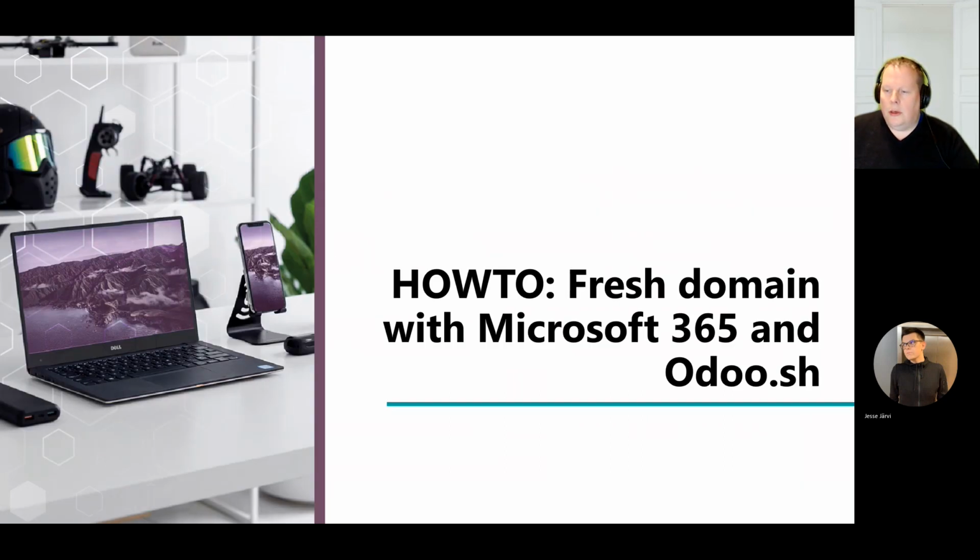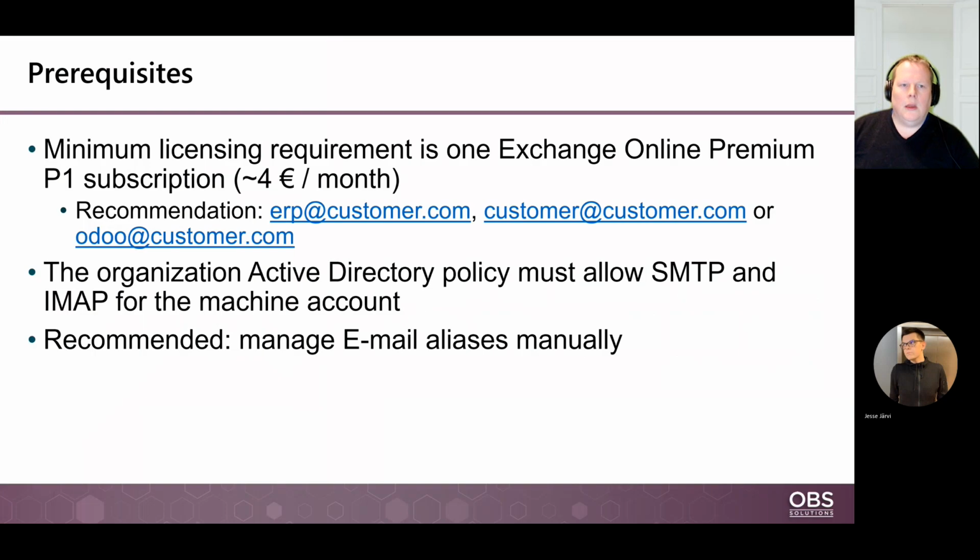So let's move on to our example case. We have a fresh domain with Microsoft 365 and a server running on Odoo SH. So first of all, we need to have a subscription for this email box, and the most economically sensible plan is Exchange Online Plan 1, which costs approximately €4 per month.